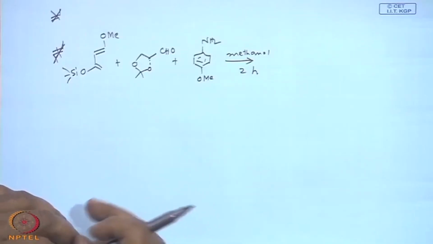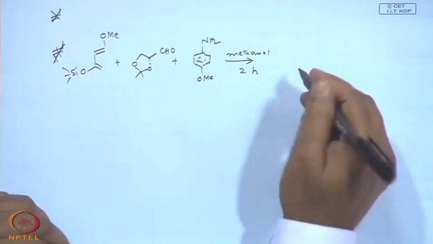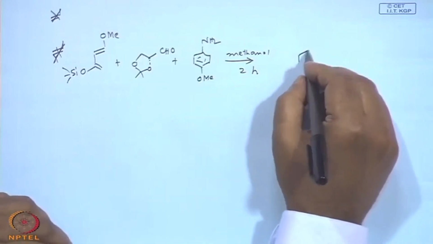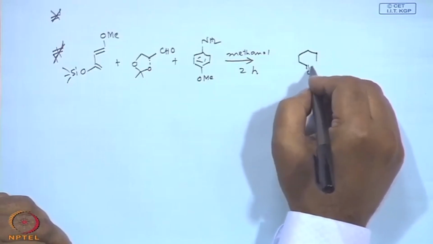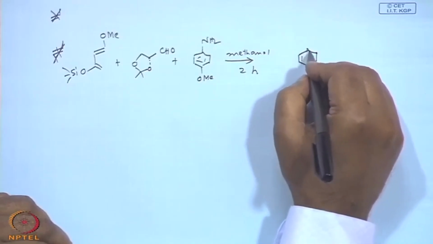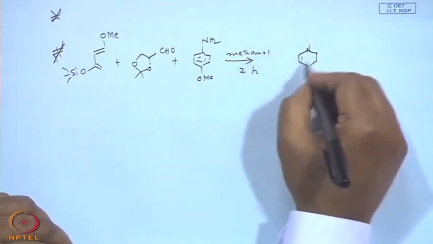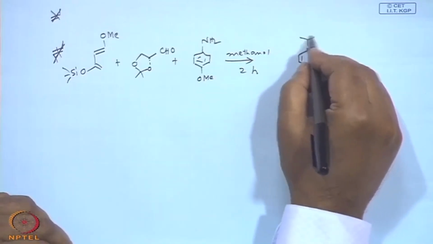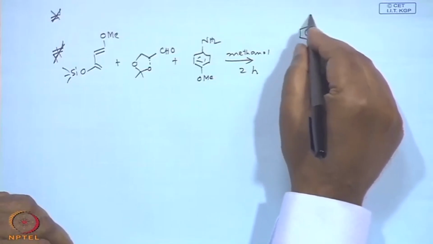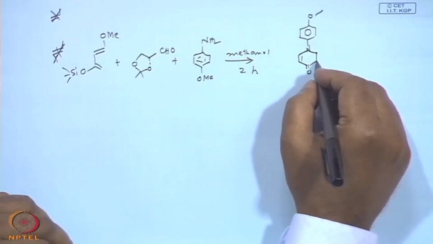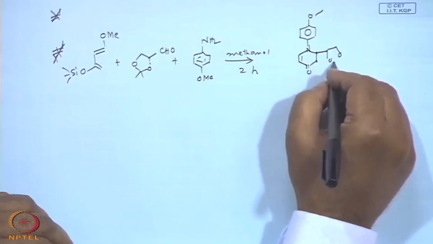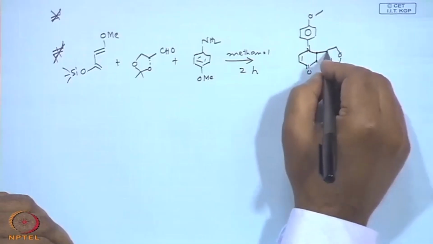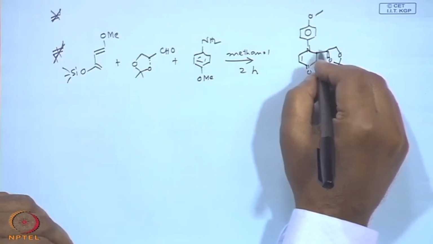And what you get is the corresponding adduct. What you basically get is a 4-pyridone, right? It is a 4-pyridone derivative. You will have this one, and then this portion, and this will have a definite stereochemistry here.